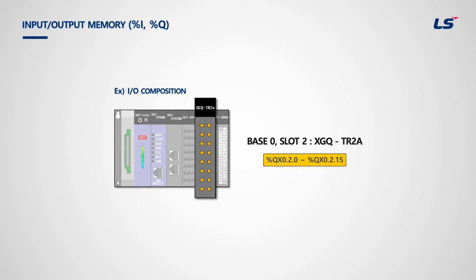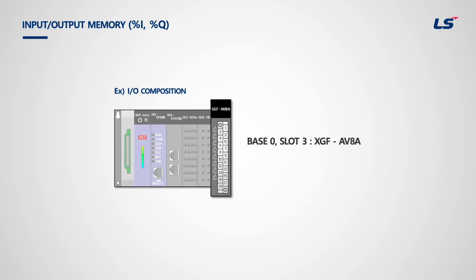Therefore, the address for the contacts are from QX0.2.0 to QX0.2.15. Next module is analog input voltage type, and this kind of special module does not have allocated address of I/O. The wiring layout is shown on the bottom, and related document can be found in CPU manuals.